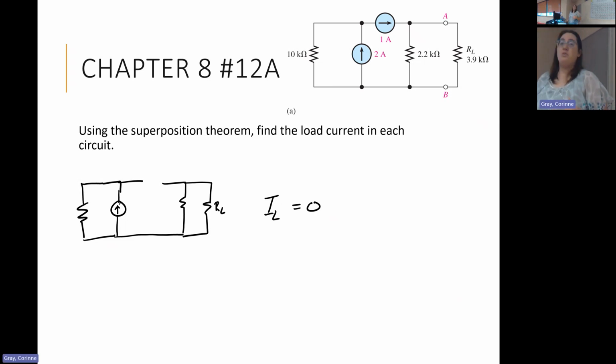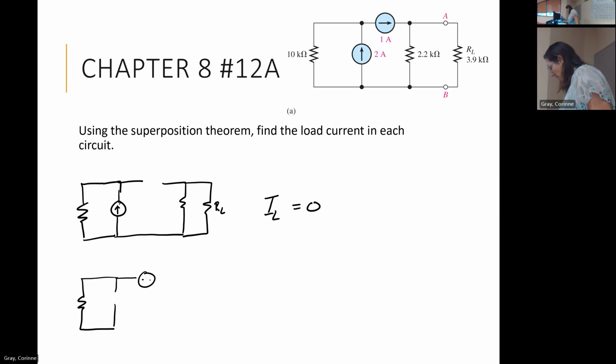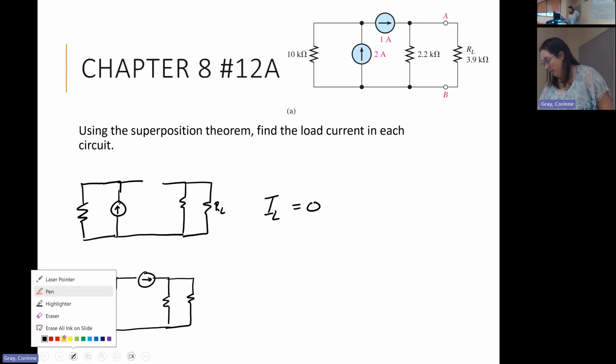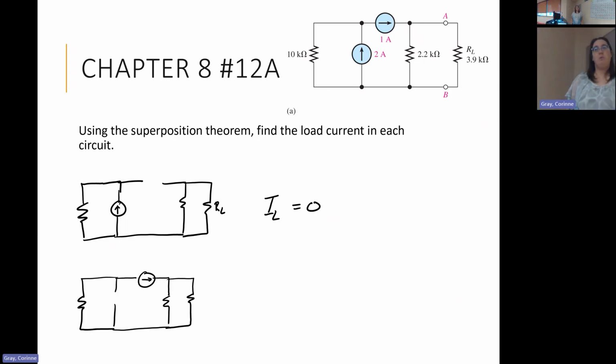So now we want to do the other situation where we're going to take out the up pointing one, and we're just going to look at the one to the right. Again, we go through and we redraw our circuit. We have a situation like this. So with this, again, let's look at what the current is doing in order to figure out what we need to do.